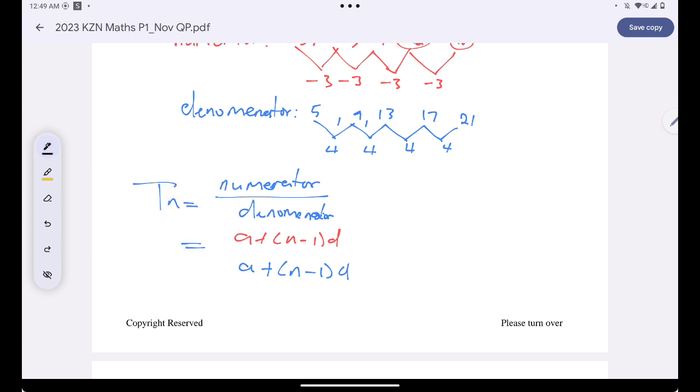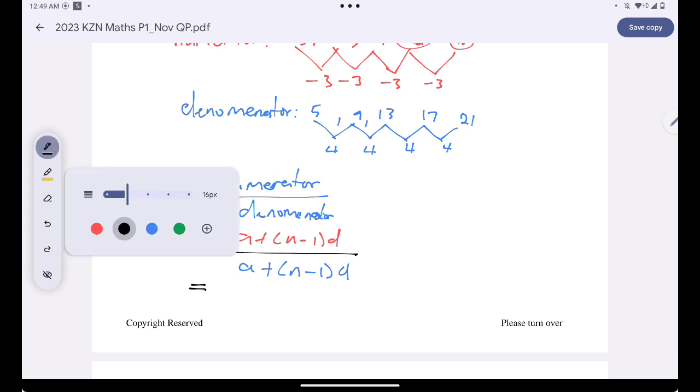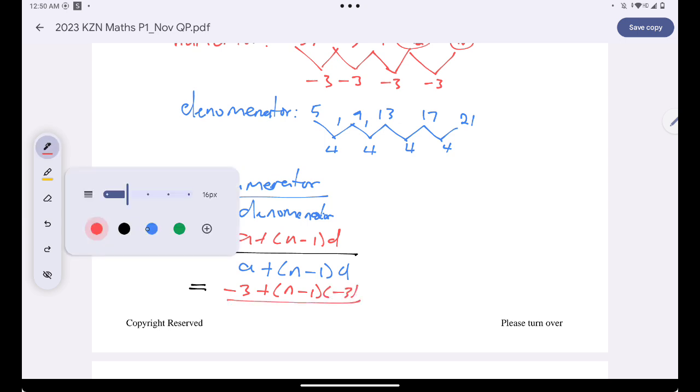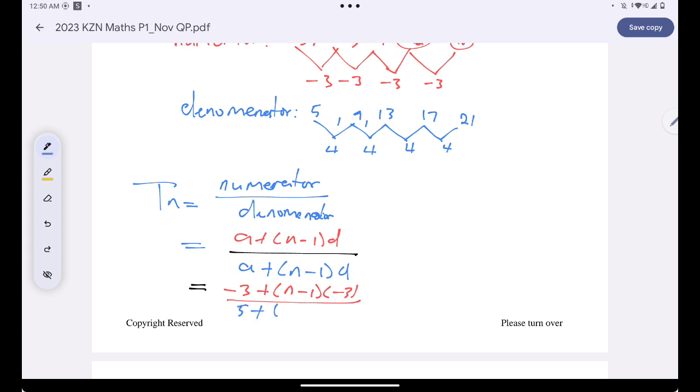These things are dividing, so I'll just do this. The a at the numerator is negative 3, n minus 1. The difference is still negative 3. And then at the denominator I have 5, n minus 1 and a 4.